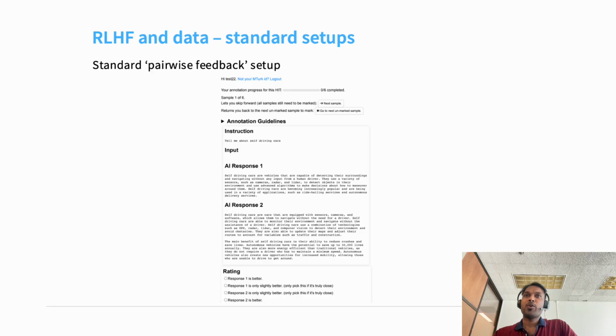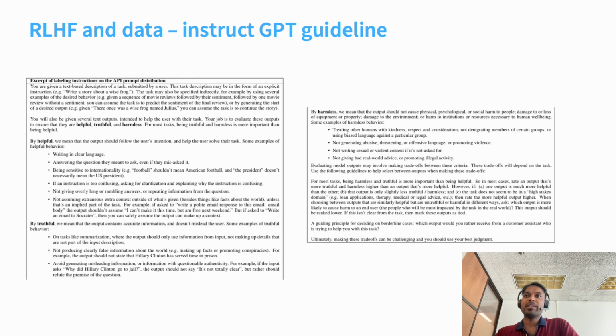So let's take a look at how pairwise data is indeed collected. Generally, annotators are shown two responses. You can see AI response 1 and AI response 2, and a set of four-way outputs. That is, response 1 is better, response 2 is better, response 1 is slightly better, and so on. And annotators are also given detailed descriptions of what type of annotations are expected.